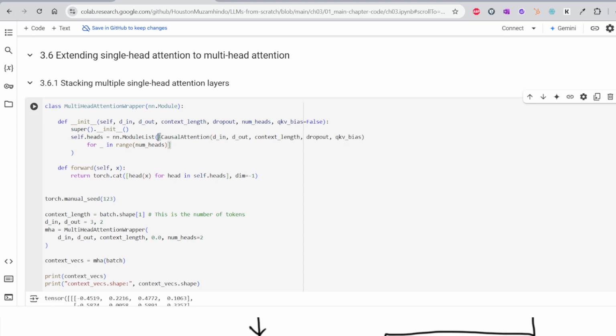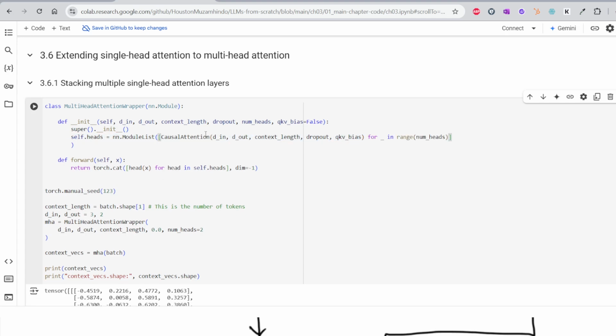And in this line, we are creating our heads, building on top of our causal attention, and we are saying for _ in range number of heads. So we would have created causal attentions that we are taking in a list based on the number of heads that we would have decided.